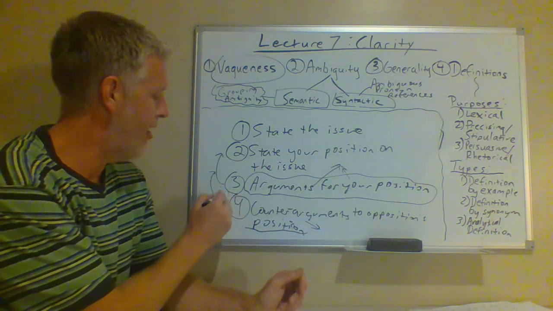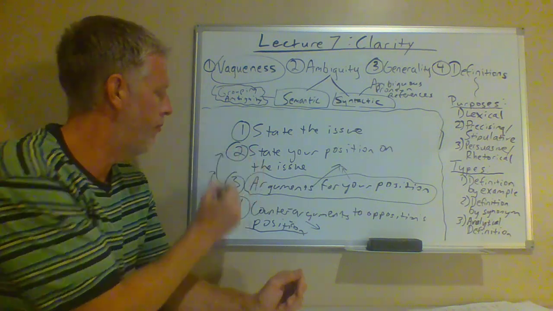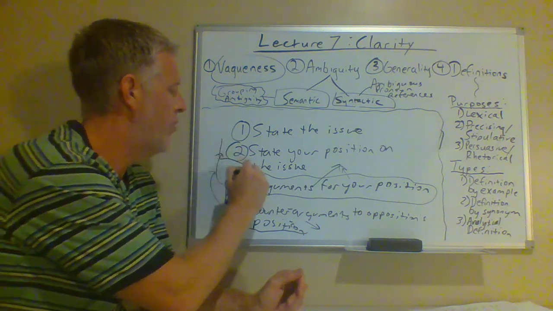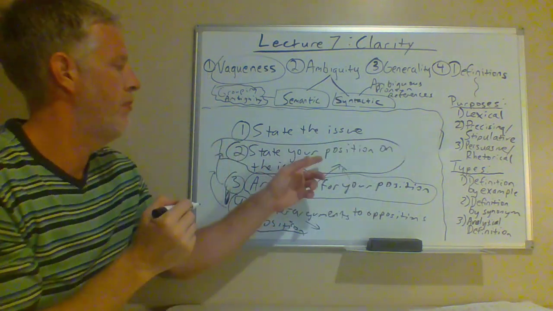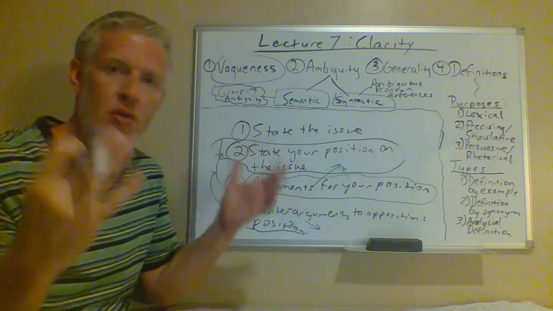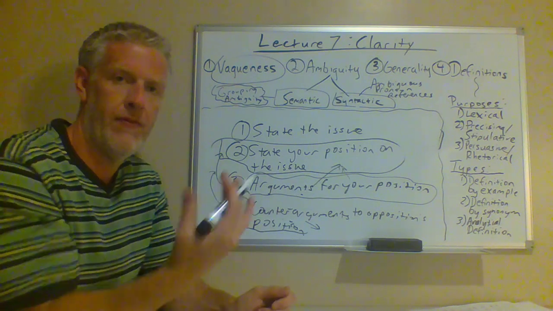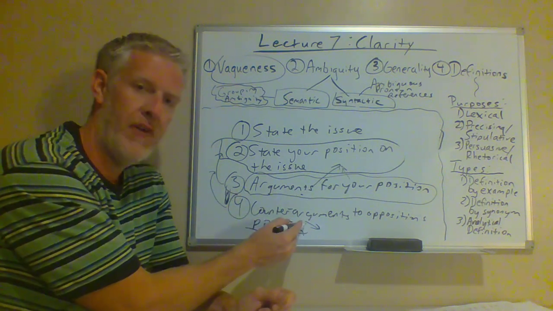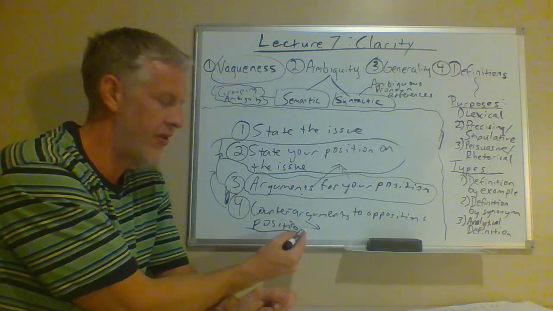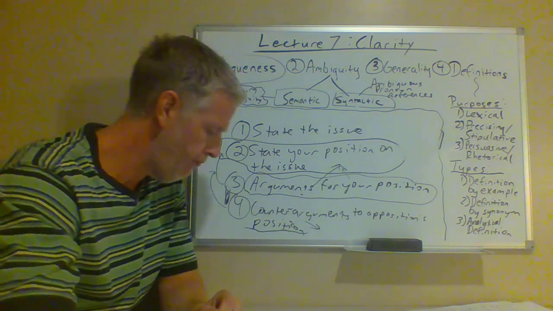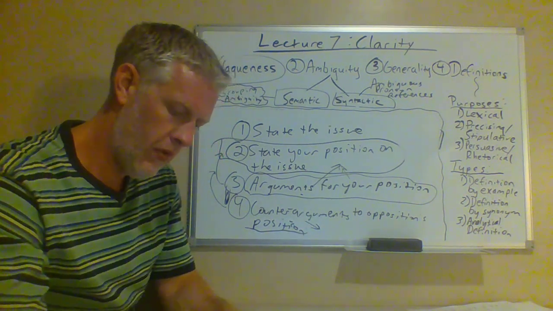And again, I think they're kind of doing the same thing, right? Both of them are ultimately aiming to support your position on the issue. Why is it you take your stance? Well, you're taking your stance because you have these certain arguments for your position, and you also find the arguments for the other positions unconvincing. Okay.